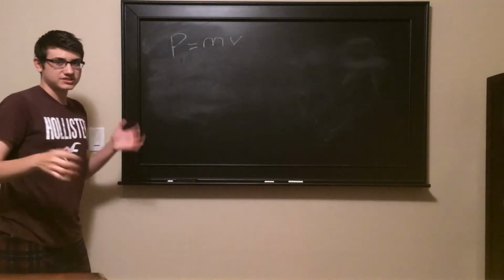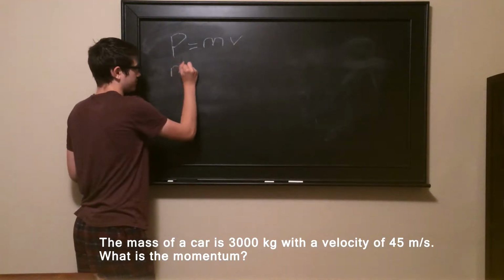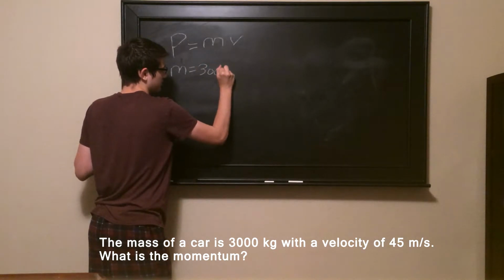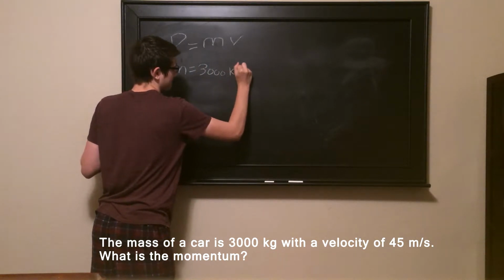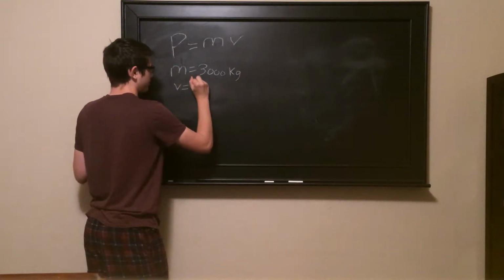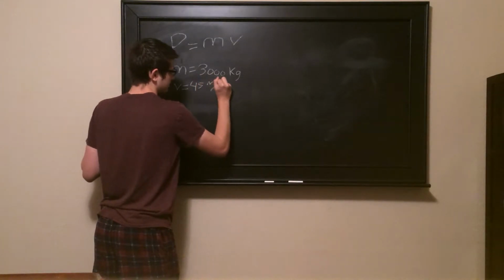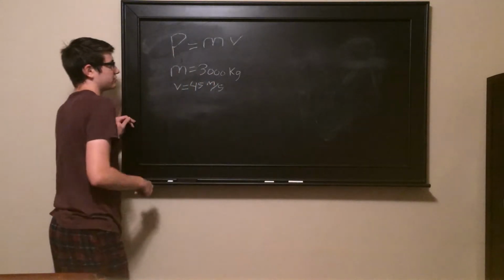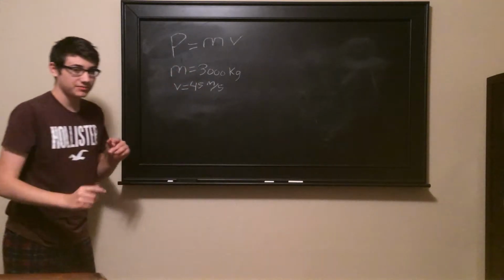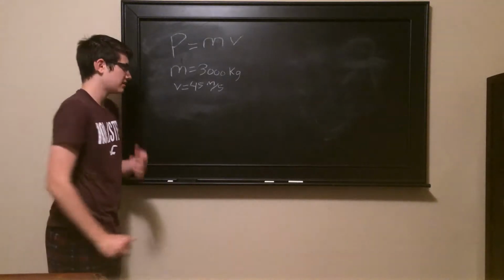And for a simple equation, we can take the mass of a car, which is about 3,000 kilograms, and the velocity of said car, which we are going to say is about 45 meters per second, and multiply those two together, the mass and the velocity, which are in kilograms and meters per second, because momentum is in kilograms meters per second.